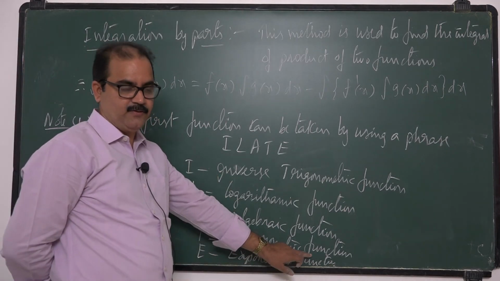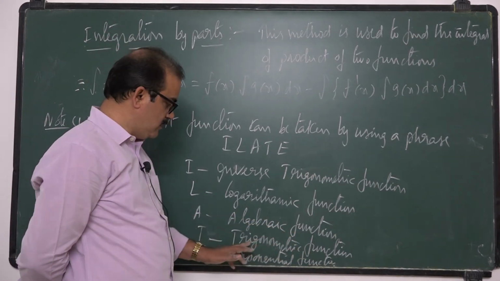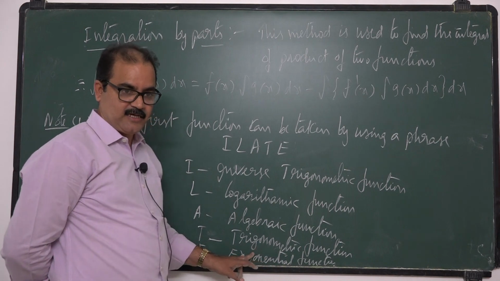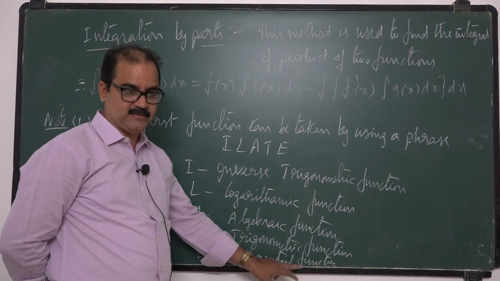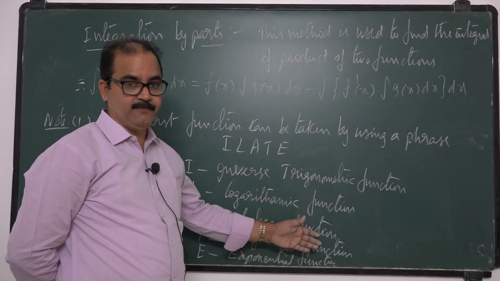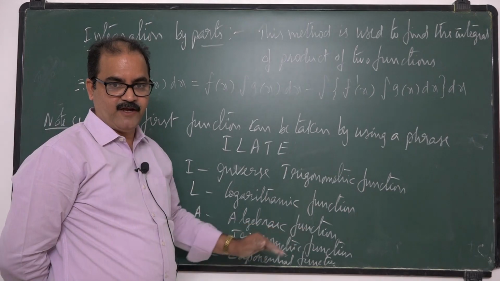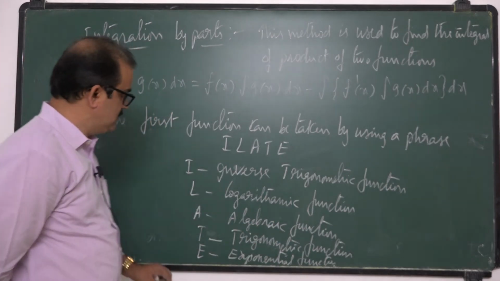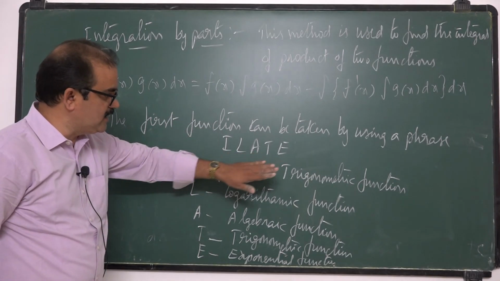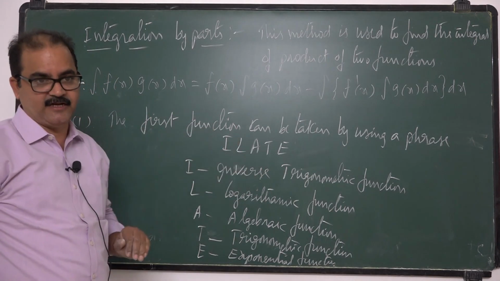Trigonometric functions: sin x, cos x, tan x, cosecant x. Exponential functions: e power x, e power 2x, or a power x, a power 5x. Based on this order, we select which is the first function and which is the second function.